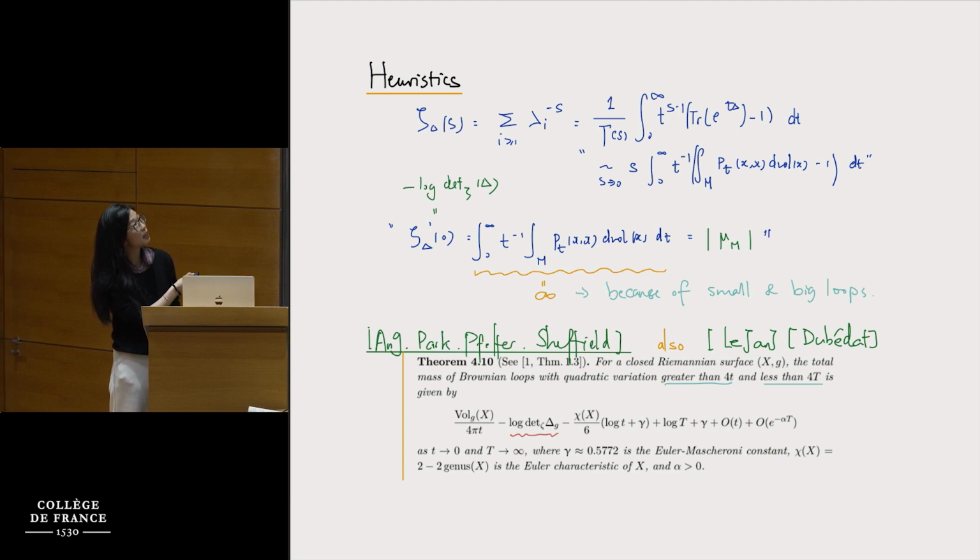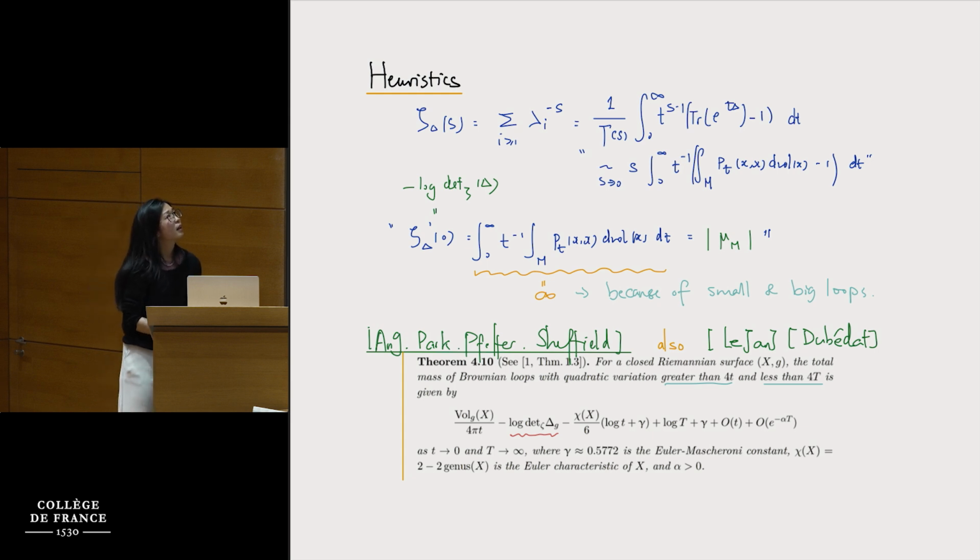And then on the right-hand side, I just replace s by 0. You get t^(-1) times the trace of the heat kernel, exponential t Laplacian, minus 1. And the trace of the heat kernel can also be written as the integral of p_t(x,x) times the volume. Okay, this is in quotation marks. You can't do this, this is infinite.